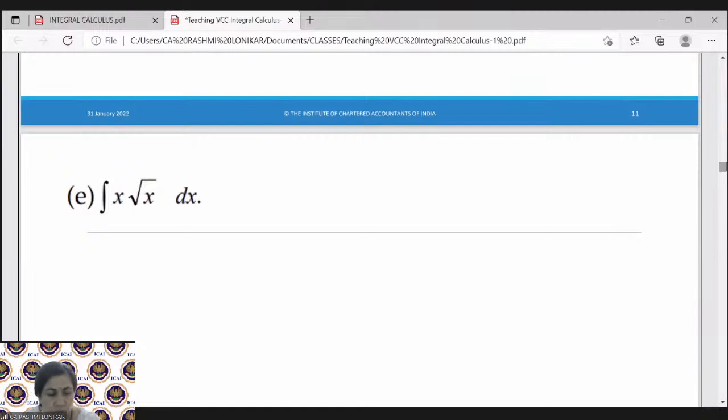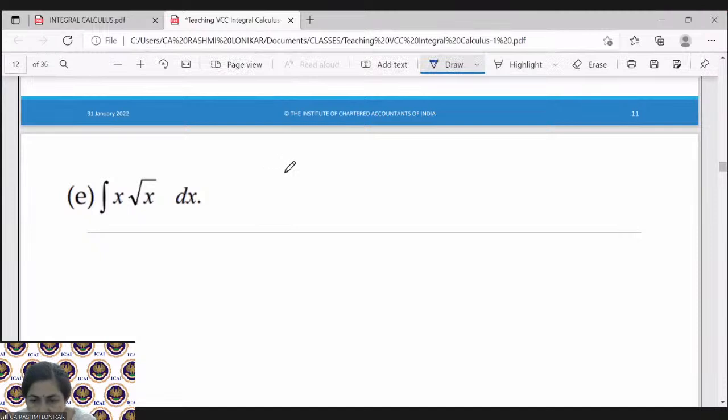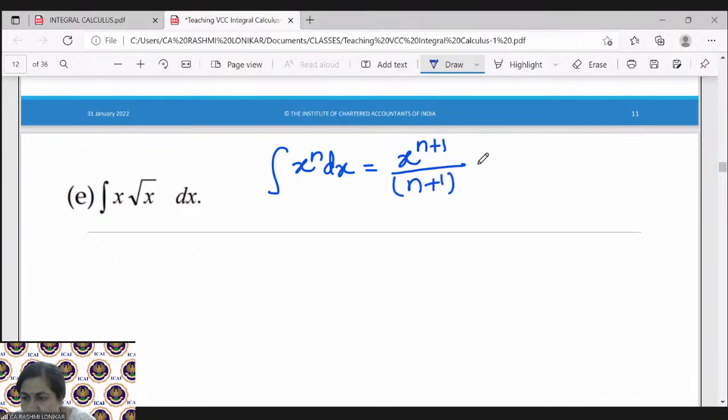Now let us go to this. Now the sum says, which formula am I going to use? Integration of x raised to n dx is equal to x raised to n plus 1 upon n plus 1 plus c. Now the problem is I have x here also, x here also. So I'm writing the x into root x. This is equal to x raised to 1, and instead of root x, I'm writing x raised to half.